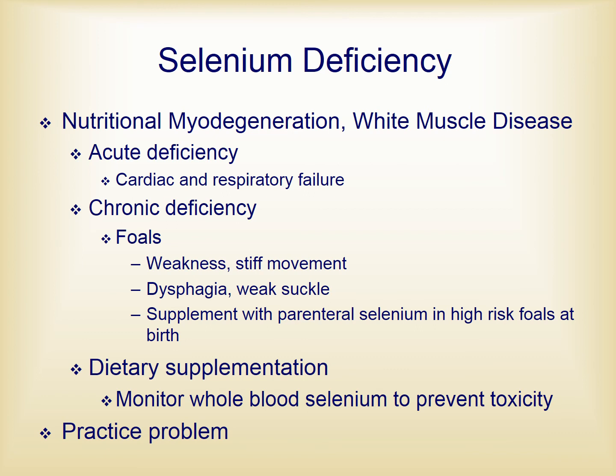They may only have a single presenting sign like dysphagia or a weak suckle. In certain regions of the country where forages are known to be low in selenium, many practitioners will proactively treat a newborn foal or a newborn ruminant with an injectable selenium, in order to try and ensure that selenium deficiency doesn't become a problem as that animal grows.